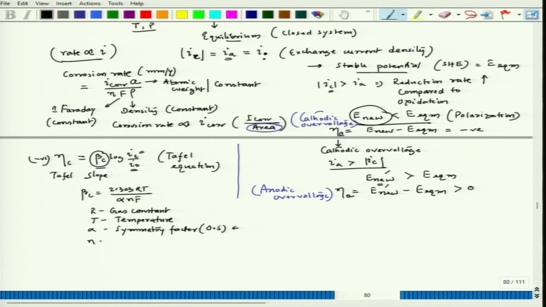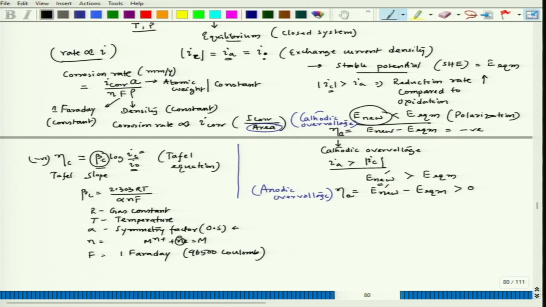Now, n is the number of electrons participating for reduction process, because we saw that M n plus n e equal to M. So, this is the n, and F is 1 Faraday, which is 96500 coulomb per 1 mole of electron. Okay. So, now if we have those things, then this beta c can be found out.